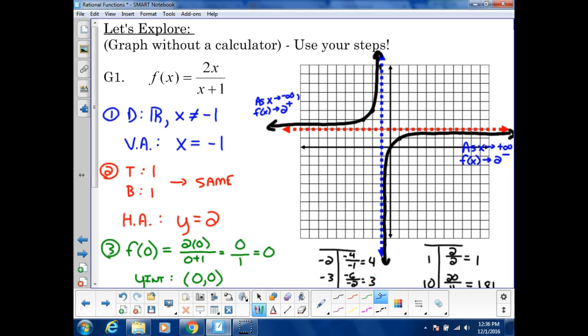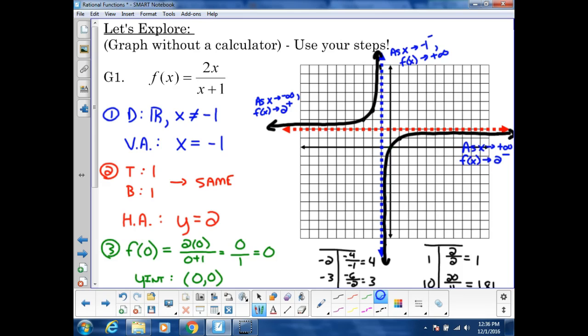What this is saying is as x is approaching -1 from the left, f of x is approaching positive infinity.